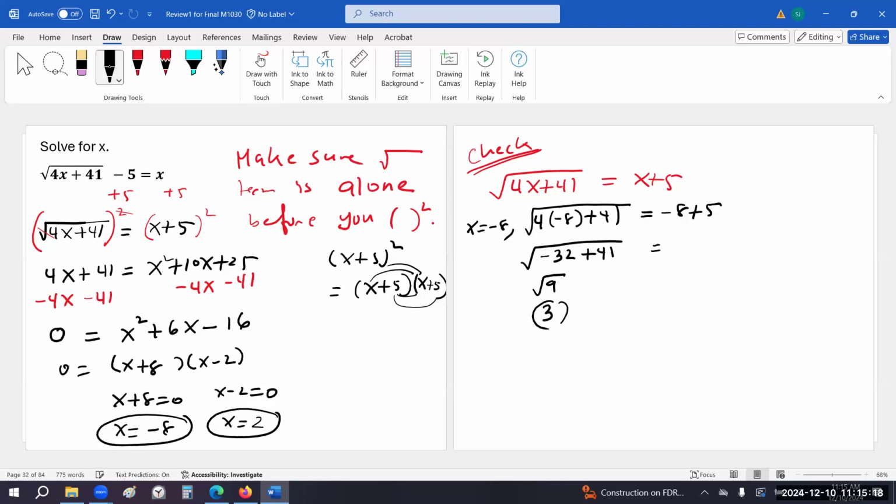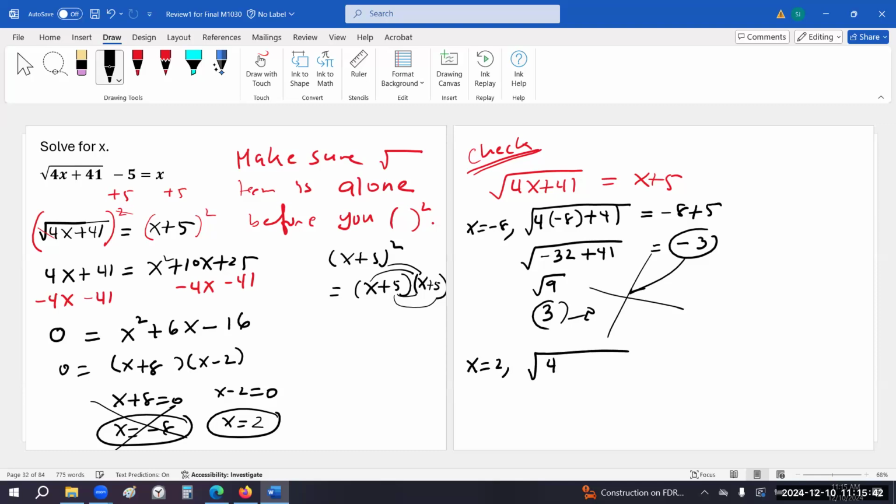3. How about the other side? Negative 8 plus 5. Do we have the same thing? No. So we're disregarding this one. Just because you're disregarding one, it doesn't mean you automatically accept the other one. You must check the other one because sometimes you get no solution.